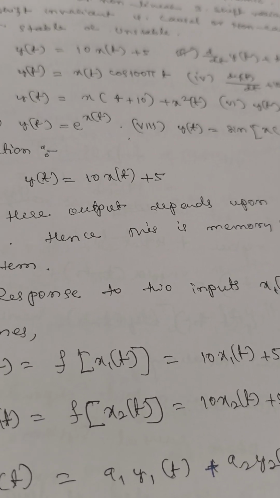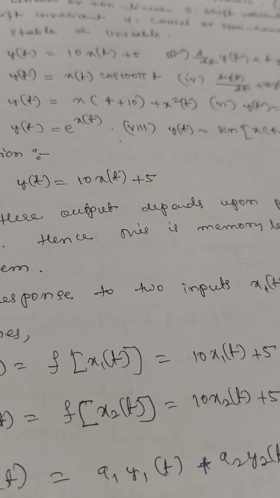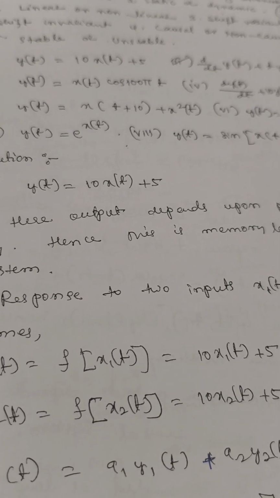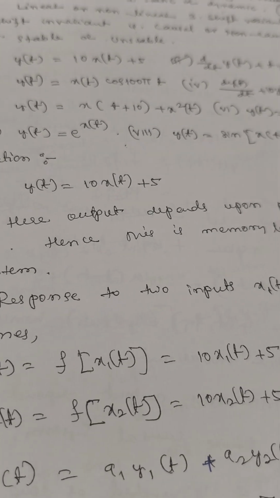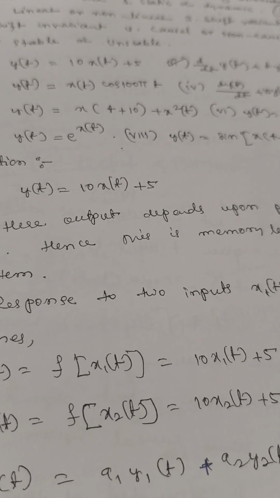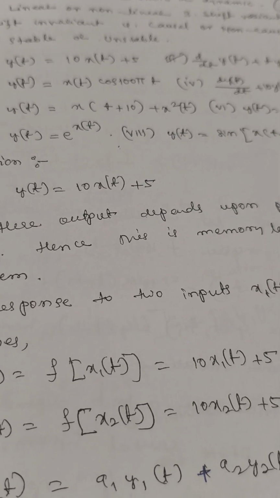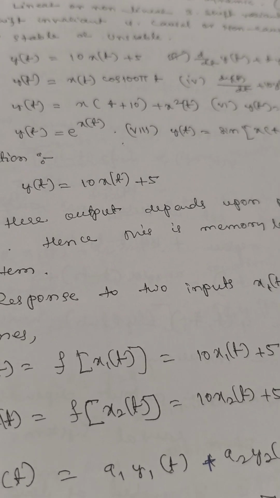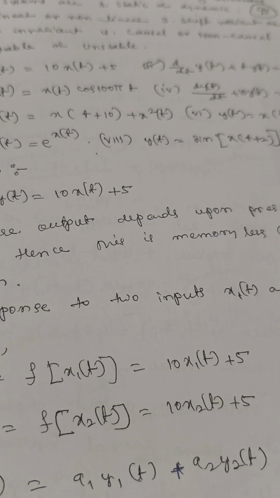If the output y of t depends not only on the present input but also on the past input, then such systems are called dynamic systems. But here it is not like that. It is only depending on the present input, that is x of t.